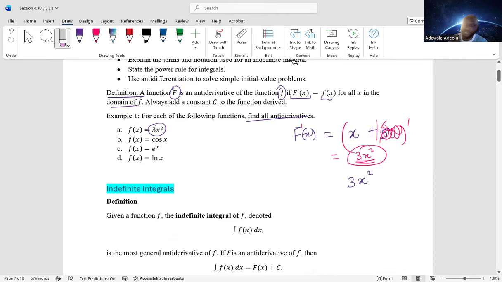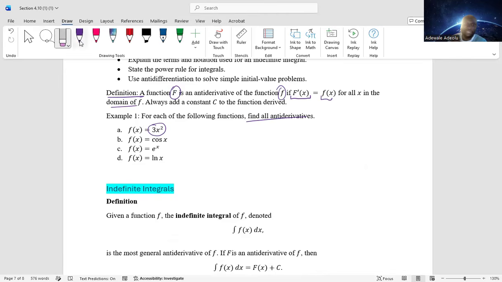The same thing with, if I ask you what is that function that when we take its derivative, it is cosine of x, you will tell me that, well, we just did it the other time. It is sine of x. However, even if we add any constant to it, say 10 in this case, if we take the derivative of this function, you would notice that we still have cosine of x.